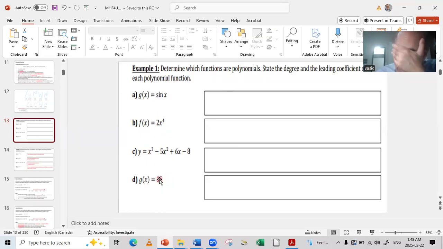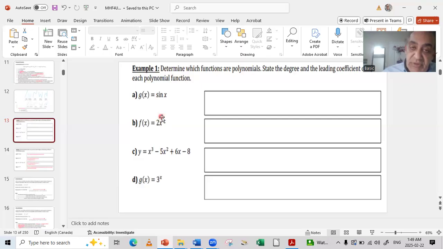This one, no. This one is not a polynomial. This is raised to a power, 3 power x. X is not down. X is a power. So we call it exponential. So no, this is not a polynomial function. It is an exponential function. This one, sin x, is a trigonometric function.